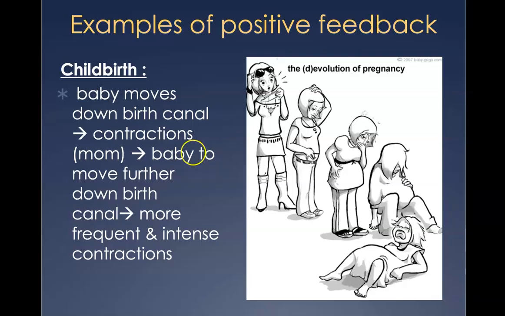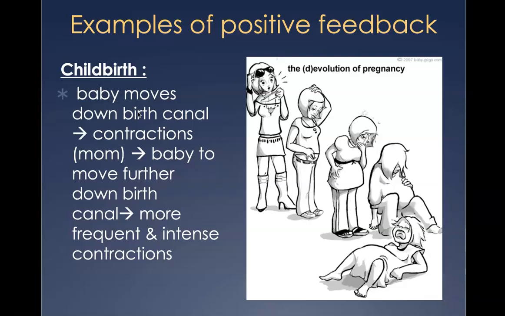And this cycle will continue until the baby is expelled. Well, that sounds so bad when I say it like that, like expelled. But when the baby gets its final eviction notice, that is when this positive feedback cycle stops.